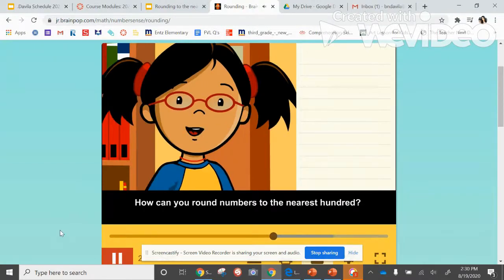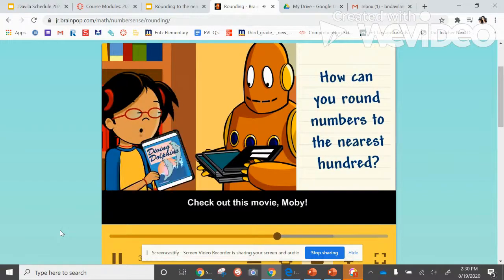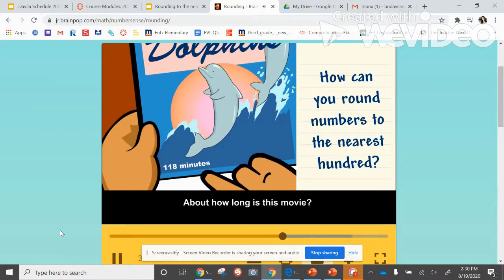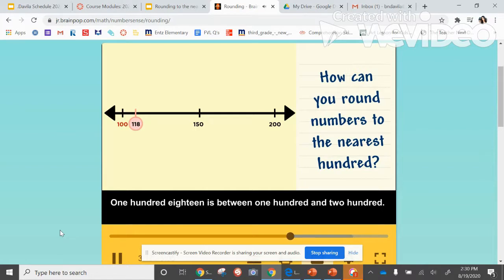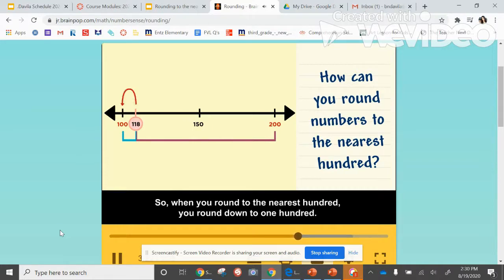How can you round numbers to the nearest 100? Check out this movie, Moby. It's about dolphins. About how long is this movie? You can round to the nearest 100. 118 is between 100 and 200, but it's closer to 100. So when you round to the nearest 100, you round down to 100.